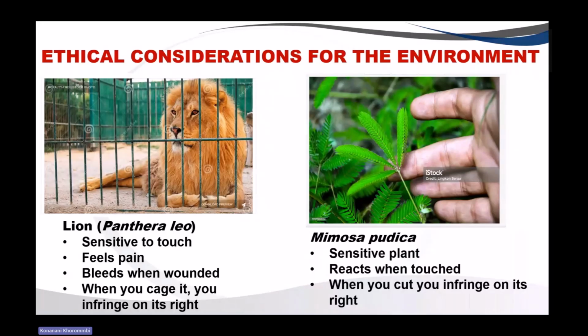Then ethically, in other words, if you are not wanting to take 20 minutes to kill an animal, you are not subjecting this animal to torture. You're not tormenting it. Therefore, ethically, you feel guilty if you continue to inflict endless pain. But if you instantly kill it, then the pain is managed and reduced. When you cage it, you infringe on its rights. We have got policies. The government does have policies under the departments of environment or the conservation authorities, the parastatals and the provincial organizations in South Africa.